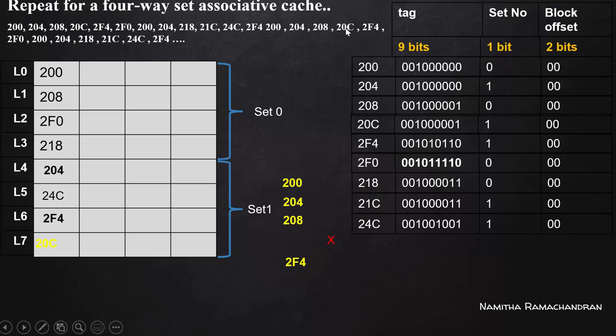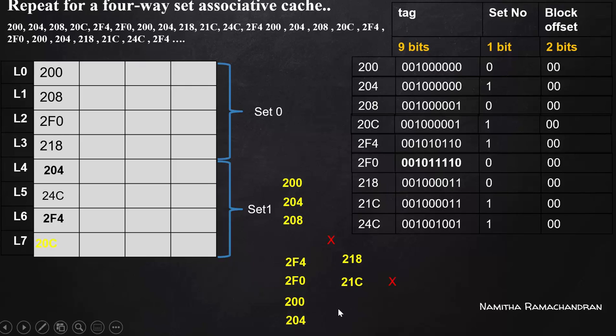Next, after 20C, the next in the sequence is 12, which is present, again a cache hit. 12 cache hit, 200 cache hit, 204 cache hit, 218 again a hit. Next is 21C. Is this a cache hit? No. 21C is already replaced.